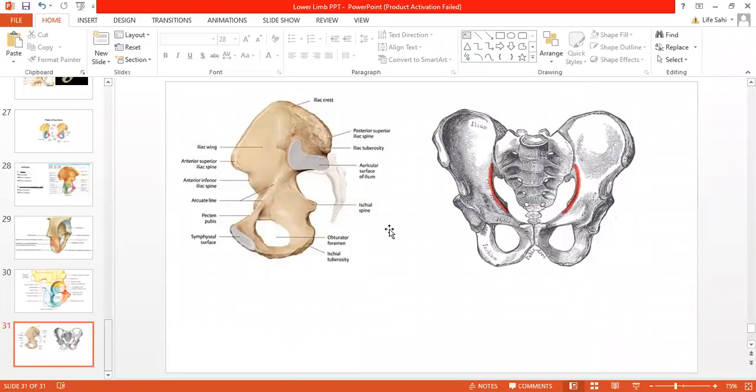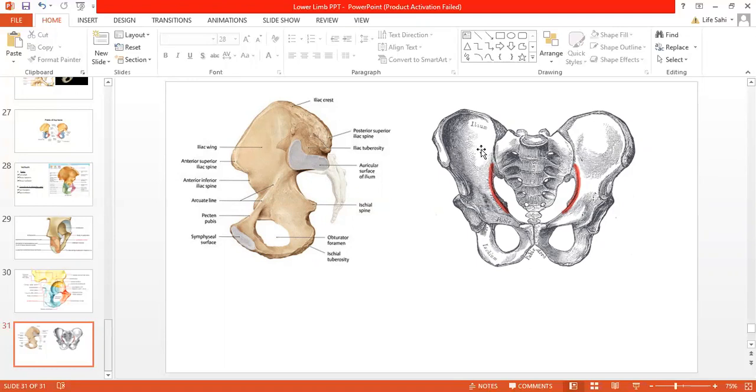There is a bony landmark worth mentioning here, along with the bony features of the hip bone. You will read a term called arcuate line in your books regarding the lower limb. Do not confuse it with the arcuate line in the abdomen. The arcuate line over the hip bone is a line that starts from below the iliac fossa.